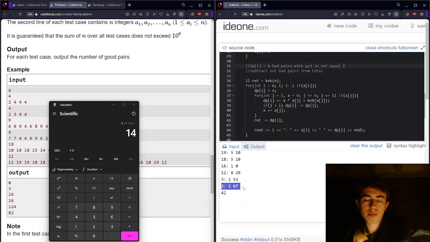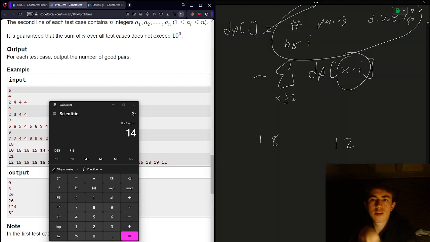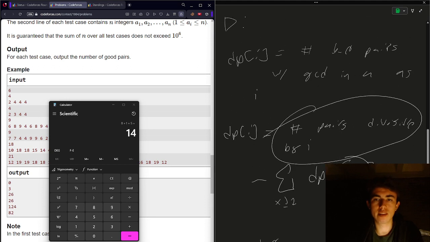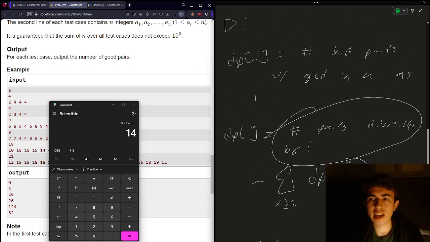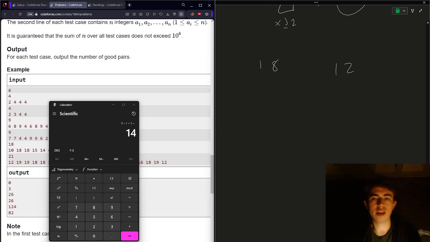Let's subtract out pairs with GCD greater than 3 and 2. Okay, wait. Alright, so now I'm thinking, instead of having it with GCD in a as i, we just say their GCD is i, right?